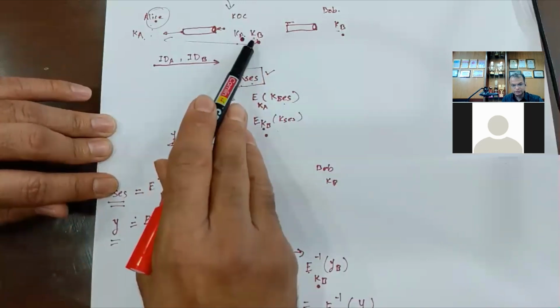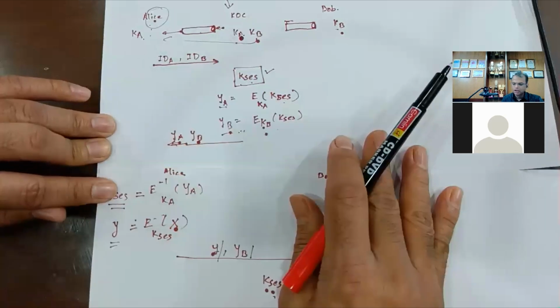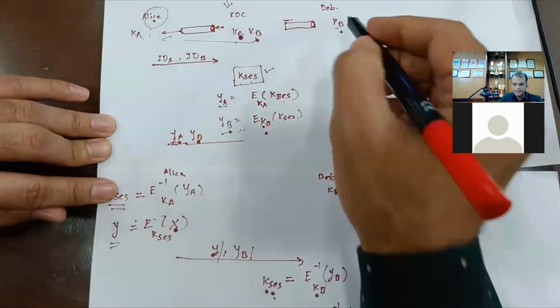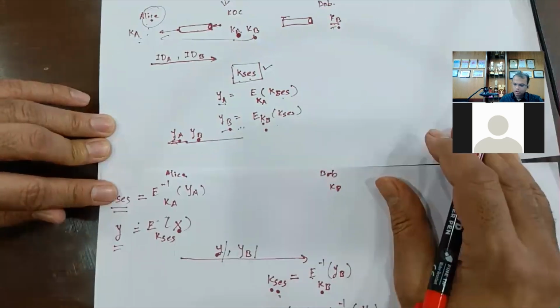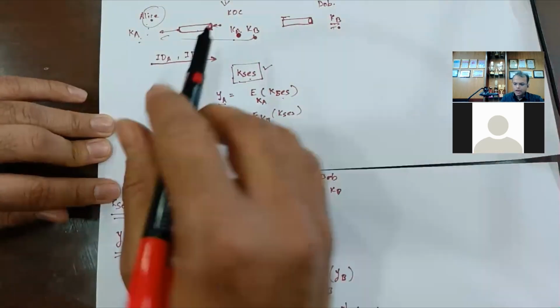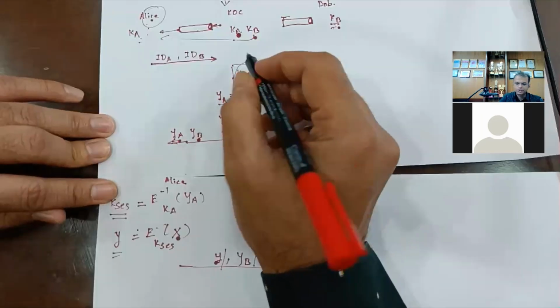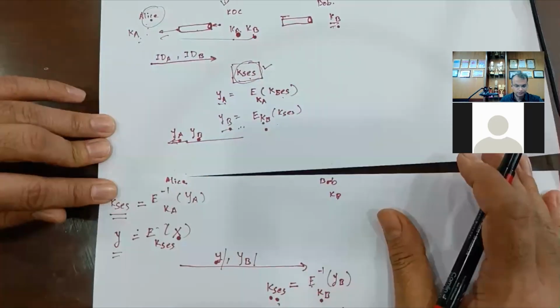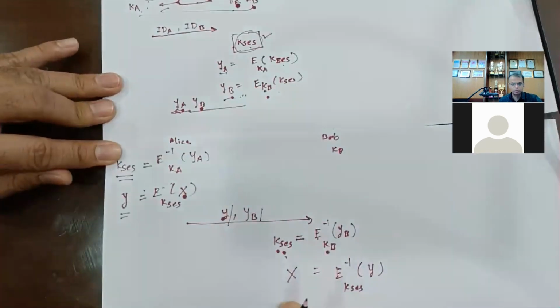Once they have shared their own keys using the secure channel, they don't have to share these keys anywhere. Whenever they are communicating, they are using a third key, that is K session key, which is generated by KDC. This is how they will communicate. Any doubts here, guys?